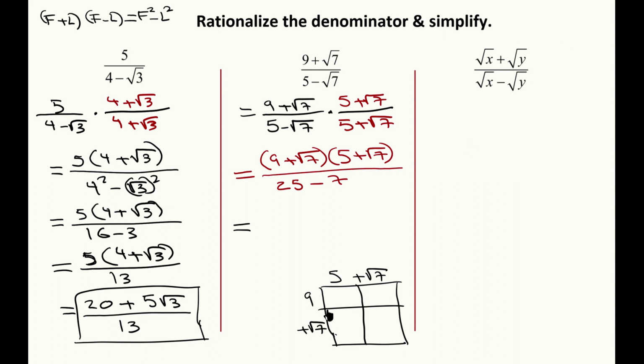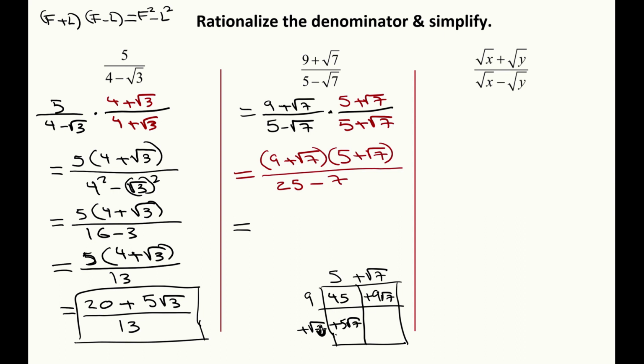See, 9 times 5 gives us what? 45. And 9 times radical 7 just gives us positive 9 radical 7. Positive radical. Now we're just going to move on to this, multiply this by this. So just like a times table. So we get plus 5 radical 7.